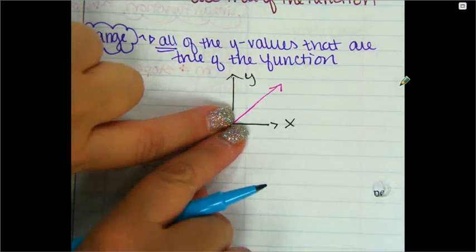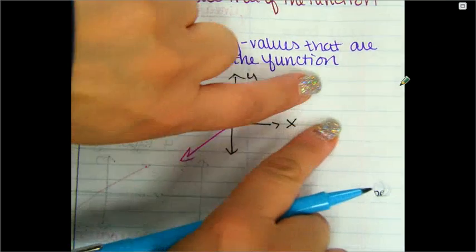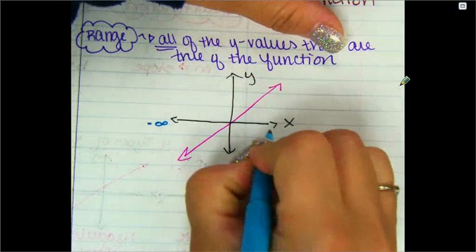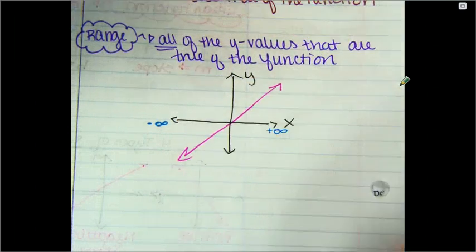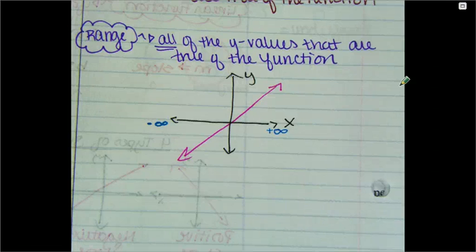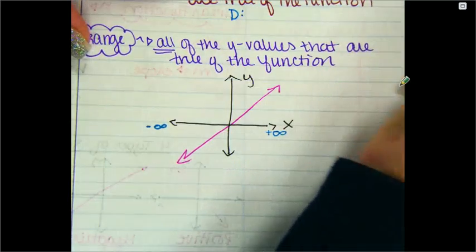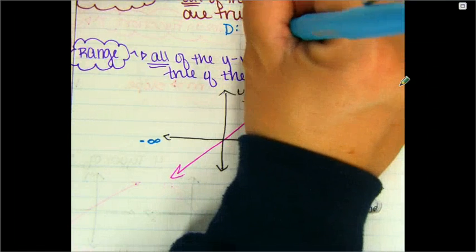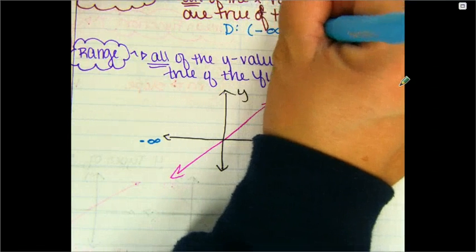Now this one, on the other hand, is going this way. So this one's going all the way in what direction? Positive direction. So that goes to positive infinity. So my domain, and this is how you write it, is parentheses, negative infinity to positive infinity.